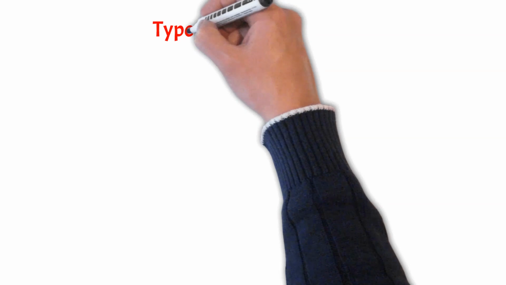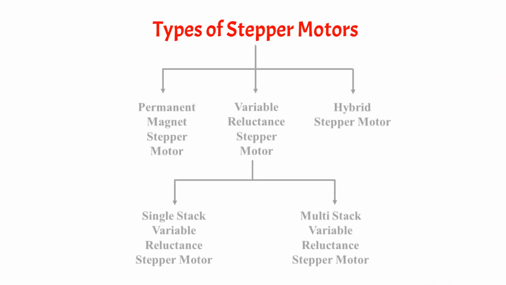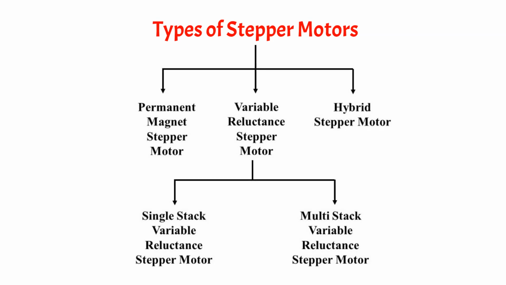Now, let's have a look at the classification of stepper motors based on their construction. As you can see here, there are three main types of stepper motors: permanent magnet stepper motors, variable reluctance stepper motors, and hybrid stepper motors. Variable reluctance stepper motors are further divided into single stack and multi-stack.